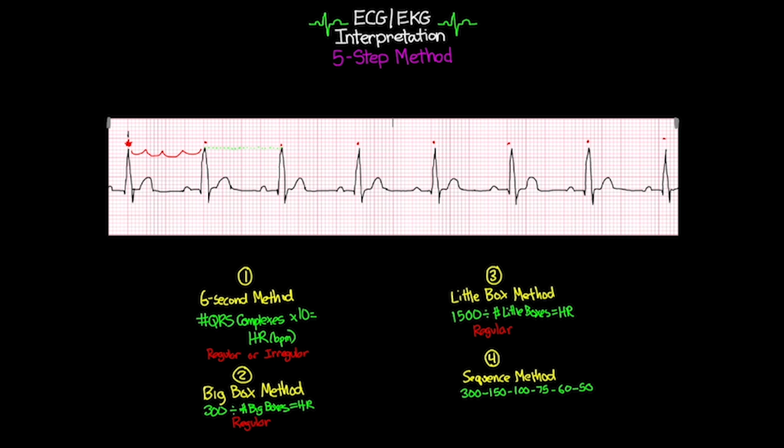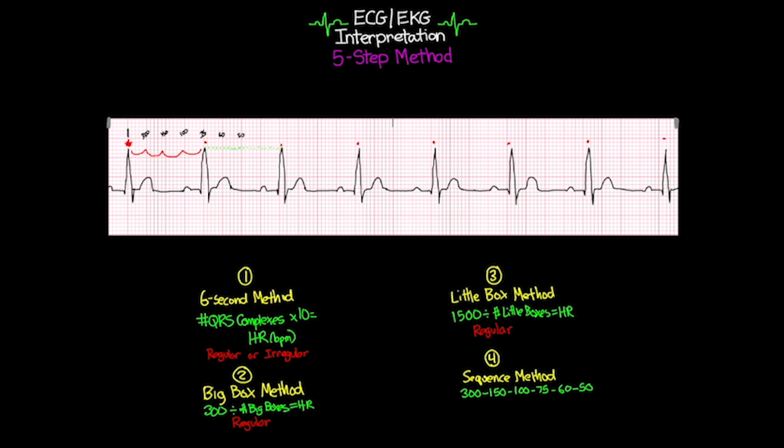And so again, if we use our first QRS complex as an example, here would be 300, here would be 150, here would be 100, here would be 75, which you can see this is where our QRS complex lines up. If we continued along, our next one would be 60, and then 50.